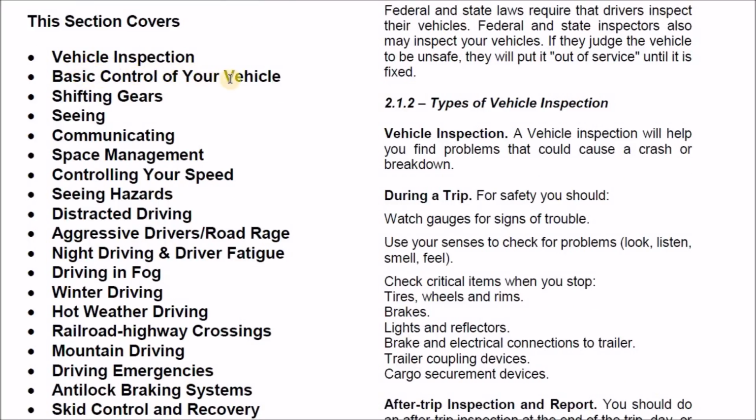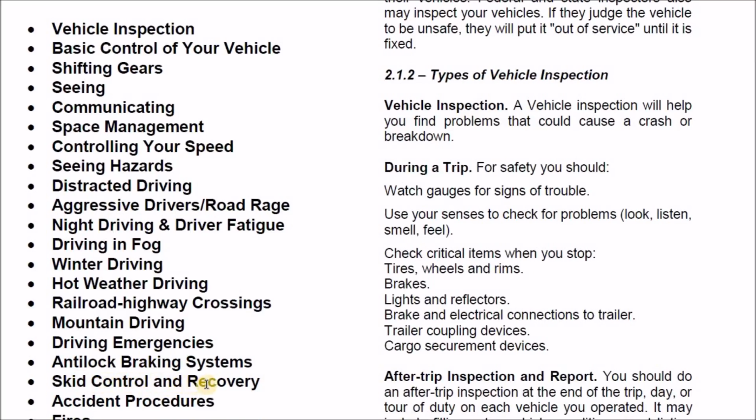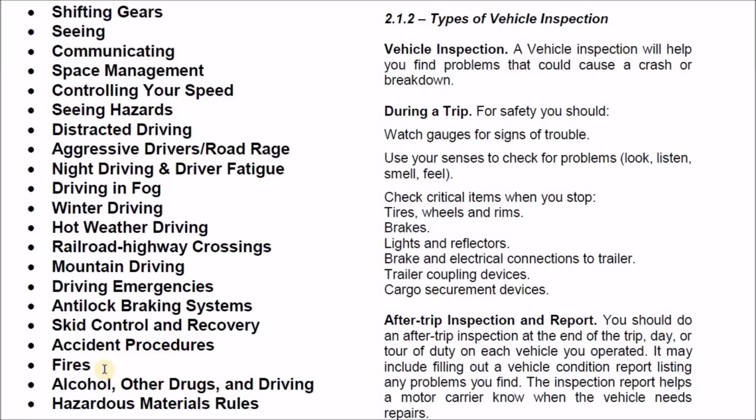Vehicle inspection, basic control of your vehicle, shifting gears, seeing, communicating, space management, controlling your speed, seeing hazards, distracted driving, aggressive drivers, road rage, night driving and driver fatigue, driving in the fog, winter driving, hot weather driving, railroad highway crossings, mountain driving, driving emergencies, anti-lock braking systems, skid control and recovery, accident procedures, fires, alcohol, other drugs, and driving, and hazardous material rules. So there's a lot to cover.